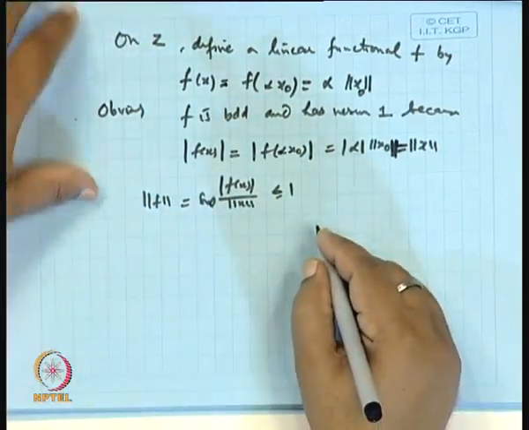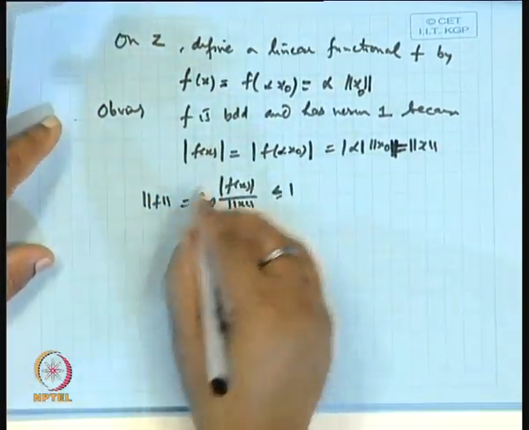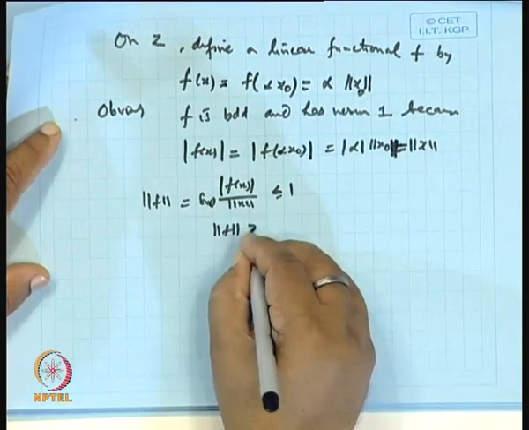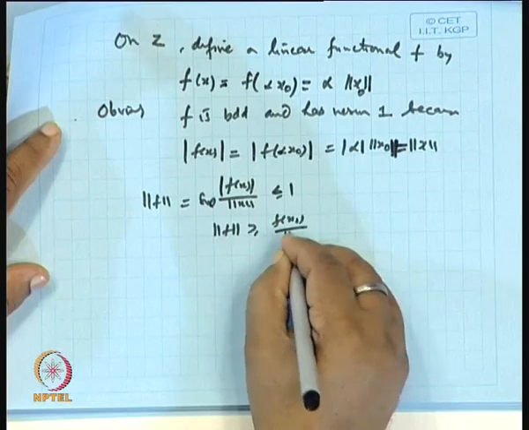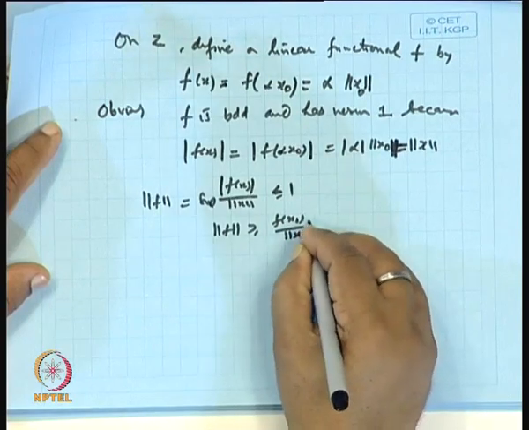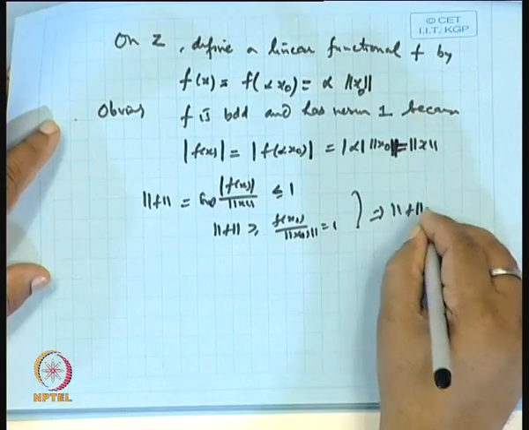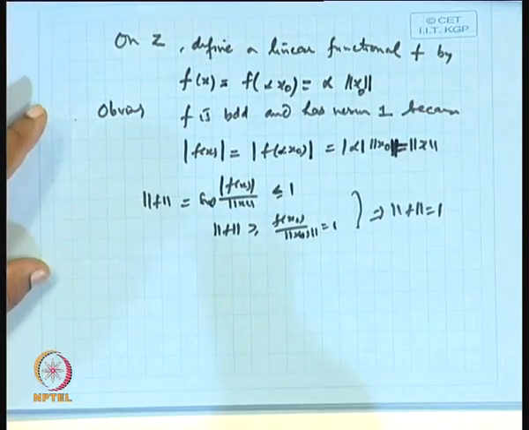But for norm of f we can choose the point x equal to x naught, so norm of f is greater than or equal to f(x naught) over norm x naught, and that is equal to 1. So, this shows norm of f is equal to 1.